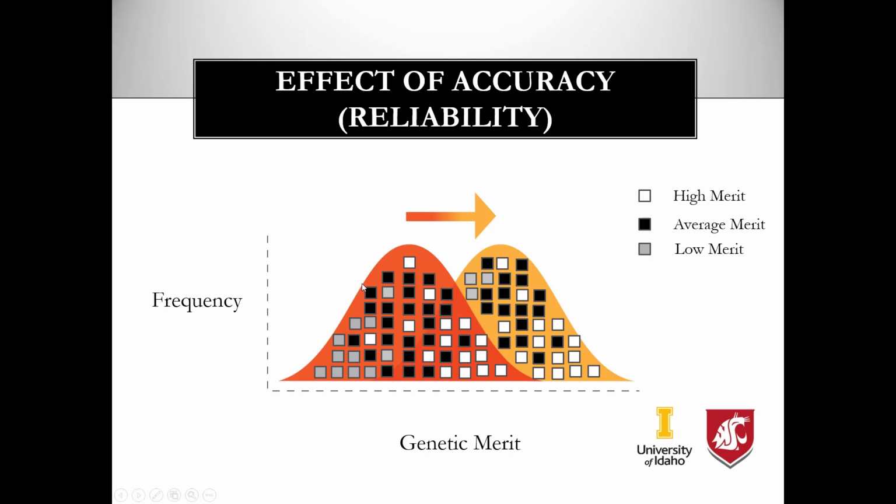It could be that these low genetic merit animals may perform okay because they have a better than average environment in a particular situation. And so we might keep them in the herd, and though they're doing okay, their offspring will likely not do okay. So it's good for us to be able to identify those lower genetic merit individuals so that we can move our genetic progress forward and to the right.